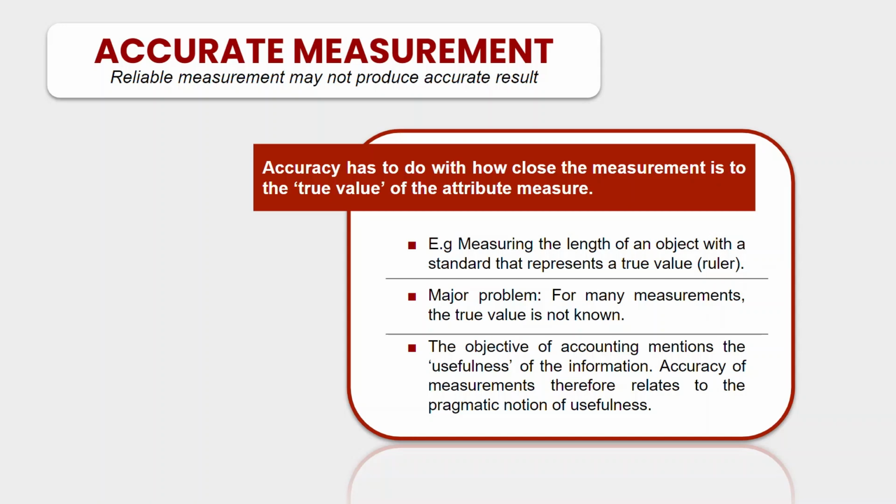If that's the case, we should remember that the objective of accounting mentions the usefulness of the information, and therefore accuracy of measurement relates to the pragmatic notion of usefulness. For example, an asset represents its true value if it's depreciated correctly, and therefore represents its true usefulness.